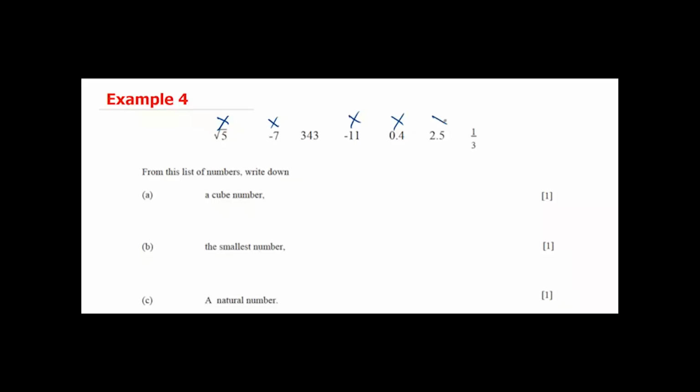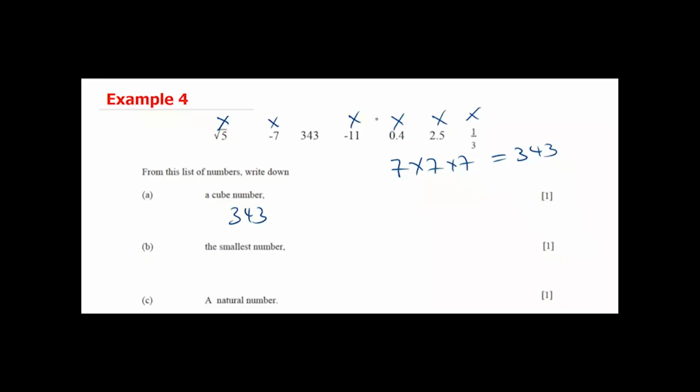So this is the only one we have left, and that will be our answer, although that is not sufficient enough. Because what if this one too is not a cube number? But I know 343 is a cube number, because if you multiply 7 by 7 by 7, you will get 343. So that is why 343 is a cube number there.